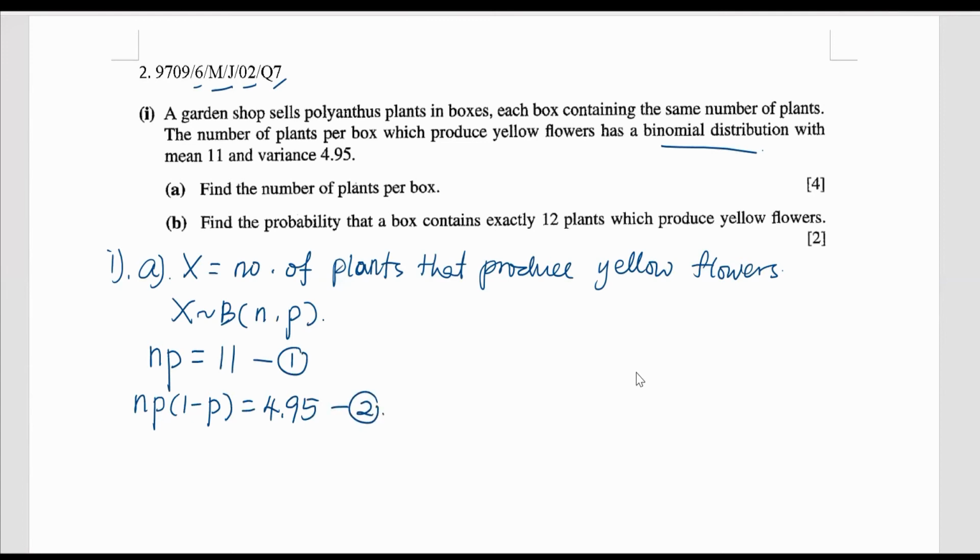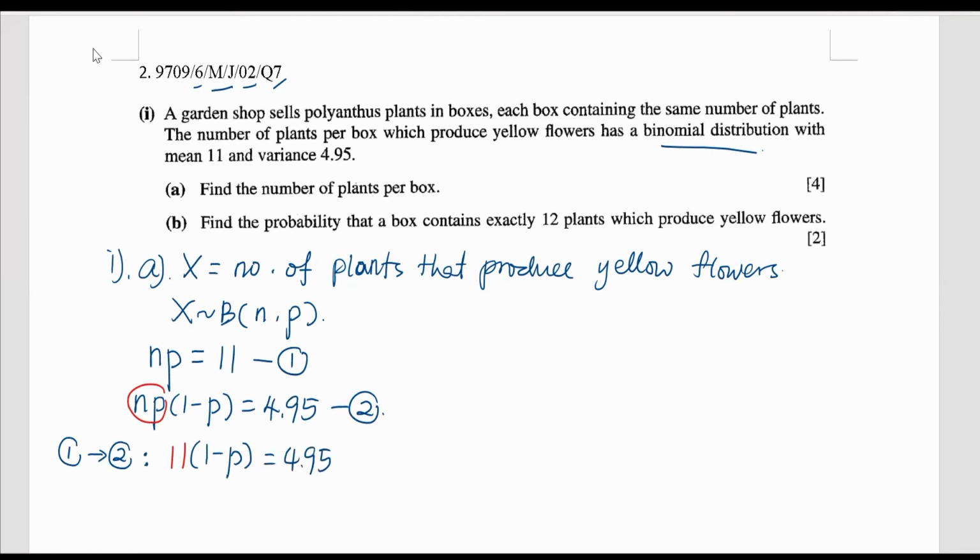So we are trying to solve these simultaneously. Substitute the first equation into the second. Can you see np equals 11? So now the np will be replaced by 11. Then 11 times (1 minus p) equals 4.95.